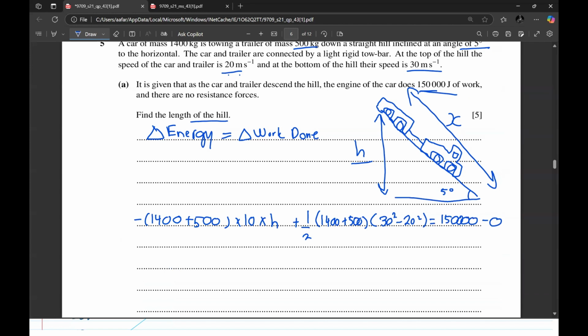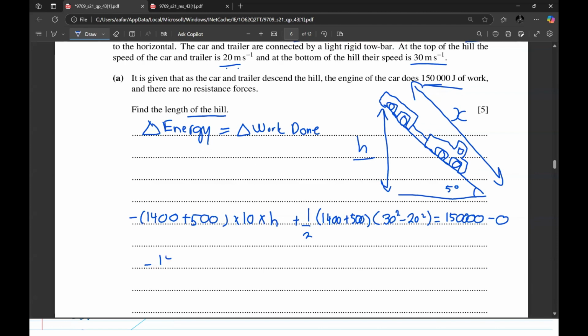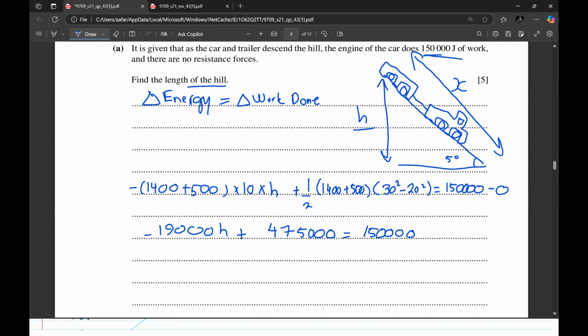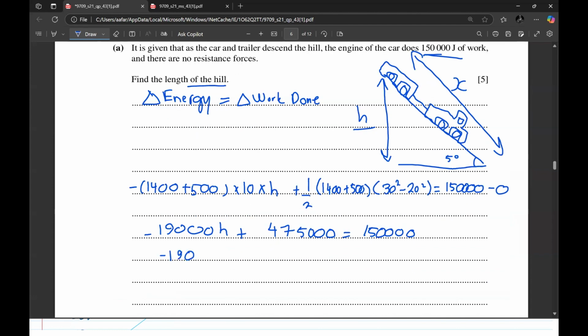It gives us negative 19,000 h plus 475,000, so negative 190,000.